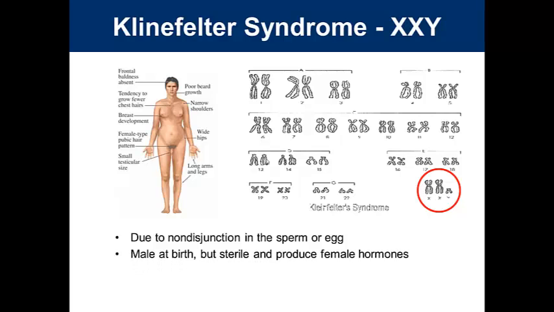They appear to be male at birth but are sterile and produce female hormones. So you get things like breast development and small testicles and not as much facial hair or body hair. About 1 in 10,000 births show symptoms of Klinefelter syndrome.